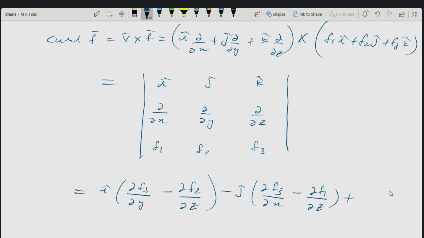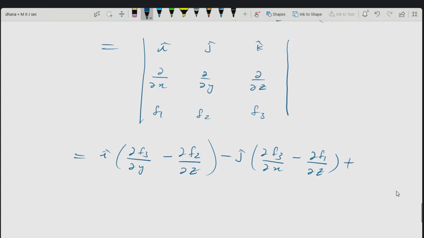Okay, then plus k cap. With k I get dou f2 by dou x minus dou f1 by dou y. Got it, all of you?